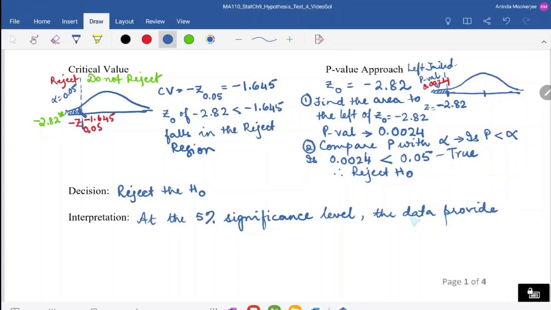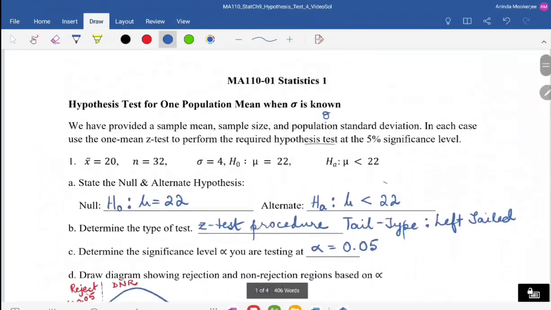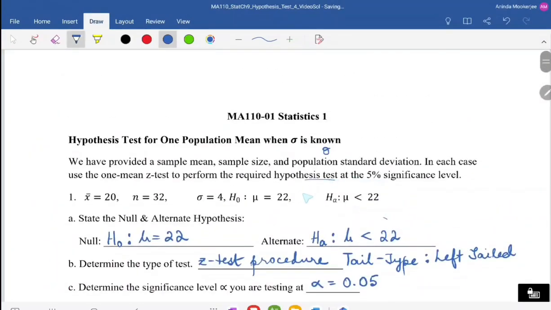So I'm going to say the data provide sufficient evidence to conclude that. Now, after that, you're going to just write what the alternate hypothesis is stating.